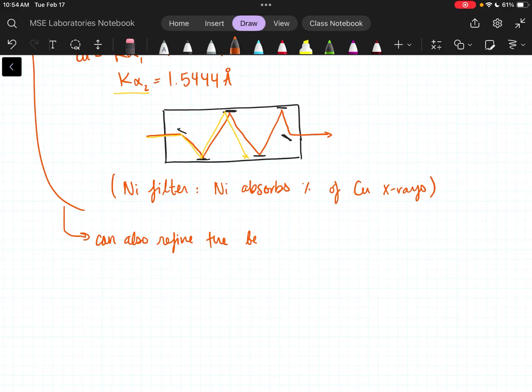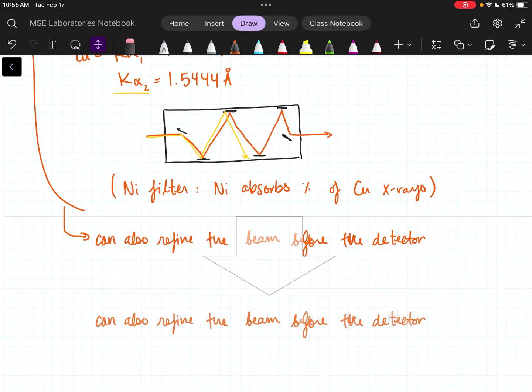We could call it the sample beam, or the source, and there's a word. I'm going to write beam before the detector. There's a name that I can't remember right now for the beam on the right-hand side of the instrument. But we can have slits, we can have masks, we can have a monochromator, a bunch of other things.